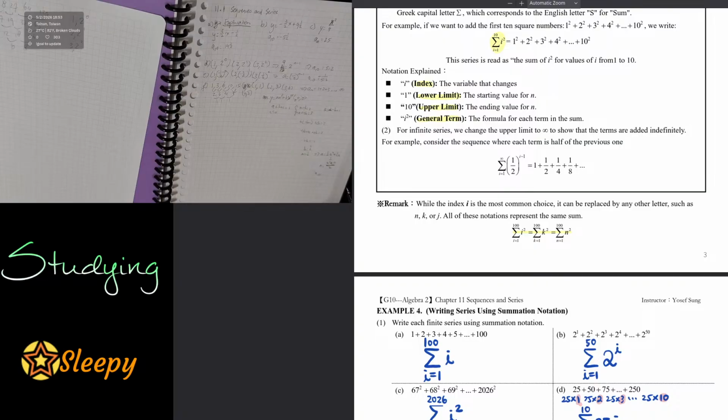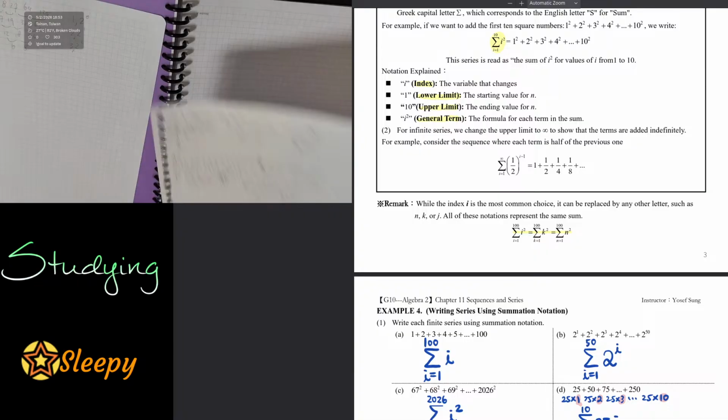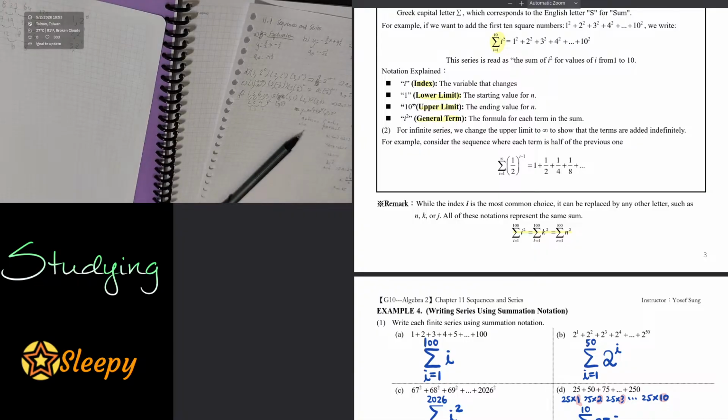Oh, that's a100, but they asked for a10, right? So it's 55. Okay, so you can also do it that way. It's a bit more convoluted, but you can do it that way.